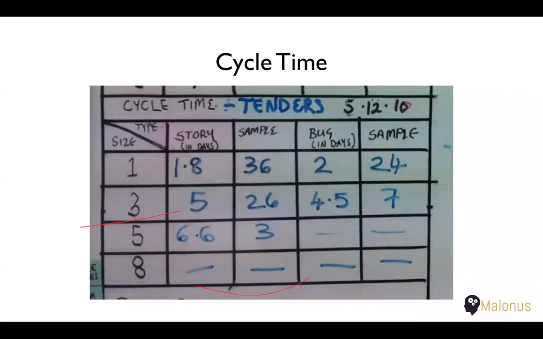So based on the cycle time, what we see here, we can get the average based on the number of cards we have. So for example, over here, you see a story point of one size can be finished within 1.8 days, and it has been considered based on 36 cards. Similarly, for the bugs, definitely bugs should not be considered as part of the story points.